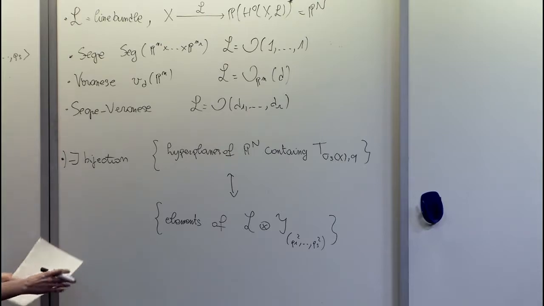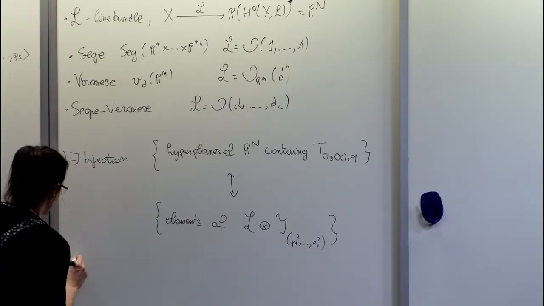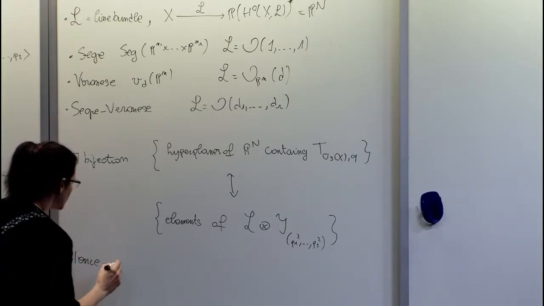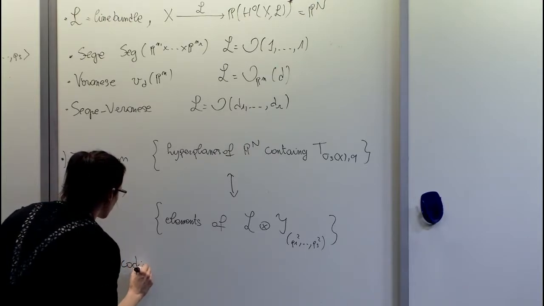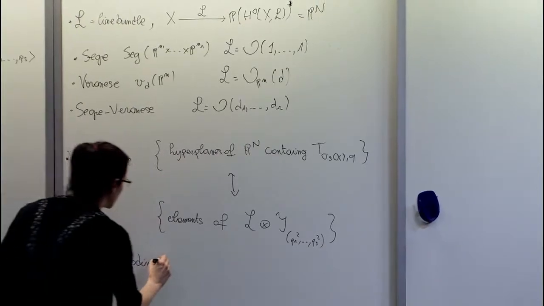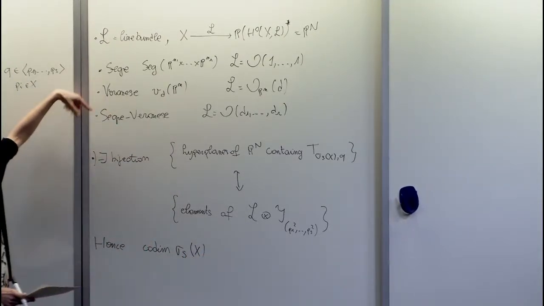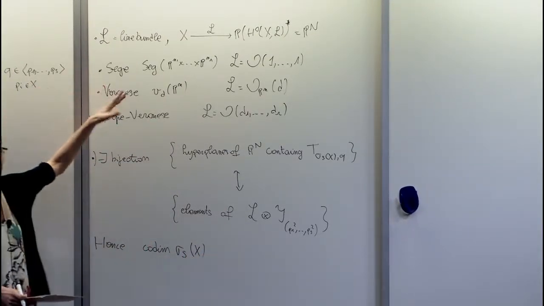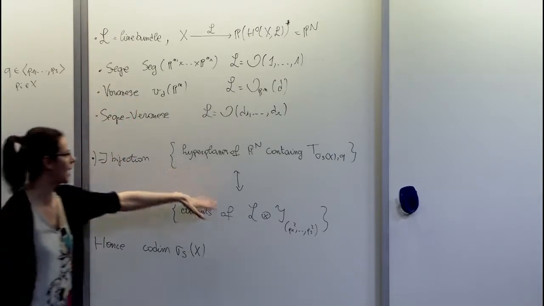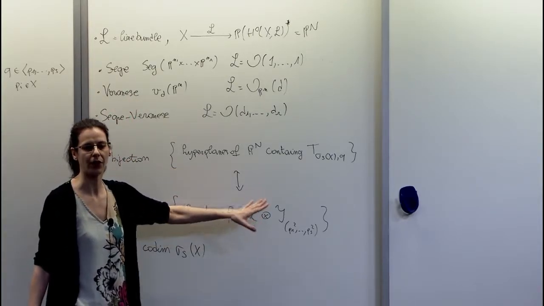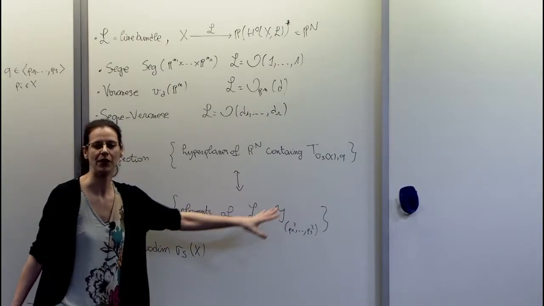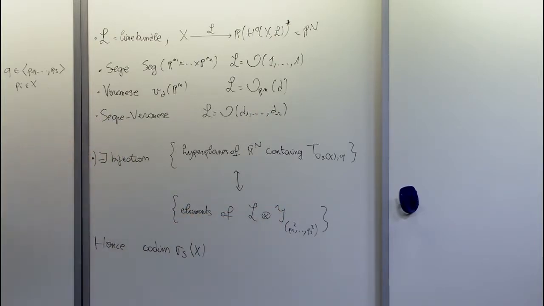I'm abusing notation. So this correspondence tells me that the codimension of the secant variety sigma_s(X), well, keep in mind that X is one of these three guys. Of course, one can do the same, taking hyperplane sections of any variety and then imposing double points, but this is what we are interested in, studying Segre, Veronese and Segre-Veronese varieties.